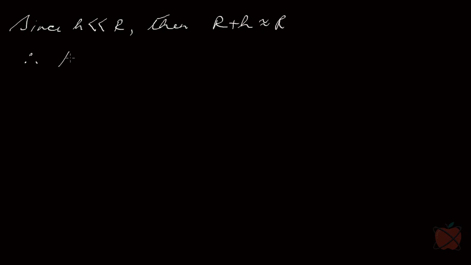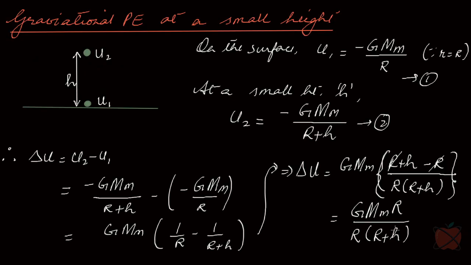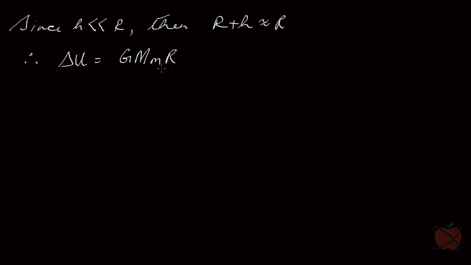So therefore this difference in potential energy will be GMm h by R squared.